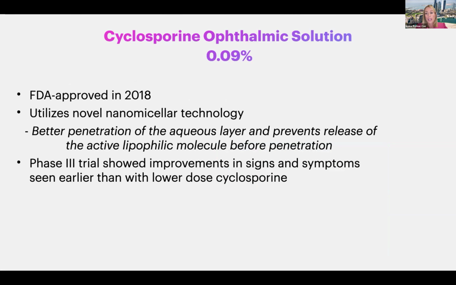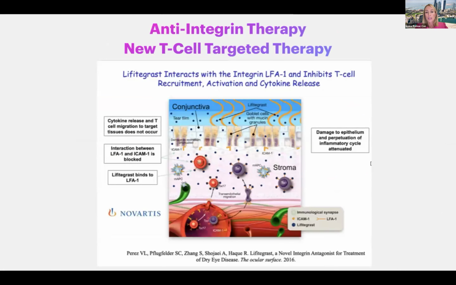And now we have a new T-cell targeted therapy, anti-integrin therapy, lifitegrast, which is the only non-steroidal anti-inflammatory medication FDA approved for the treatment of both signs and symptoms of dry eye disease. It interacts with the integrin LFA1, and it inhibits T-cell recruitment, activation, and release of the cytokines.